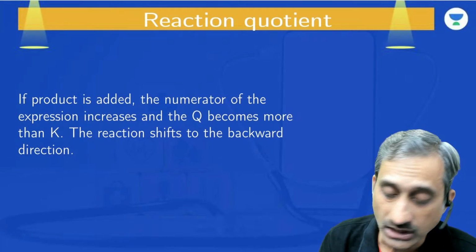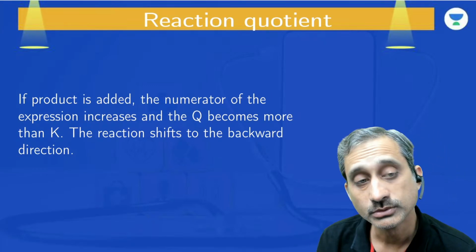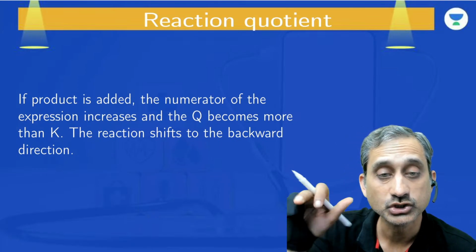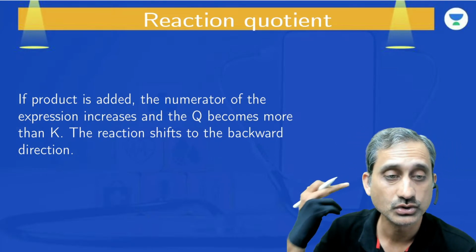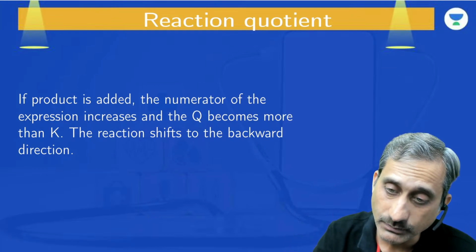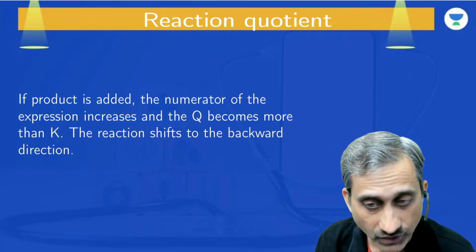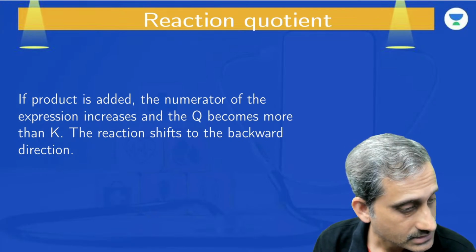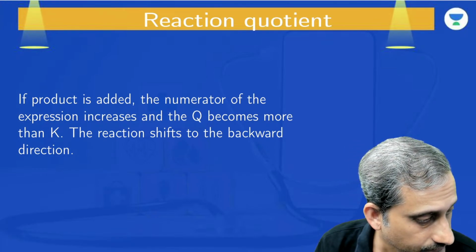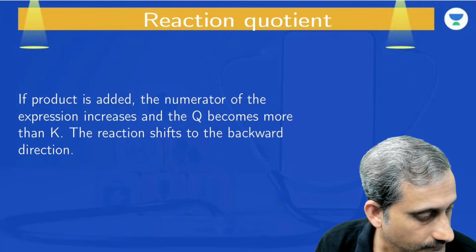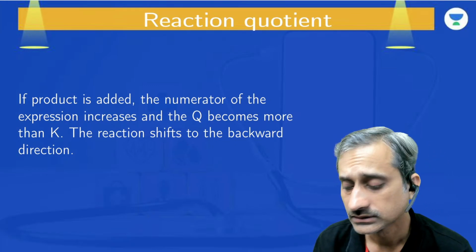If you add the product, the numerator of the expression increases and Q becomes more than K. The reaction shifts in the backward direction. So addition of the product shifts the reaction backward. Addition of the reactant shifts the reaction forward. Did you understand this? Anyone having any difficulty?